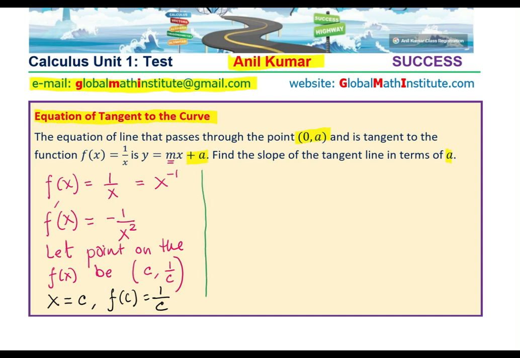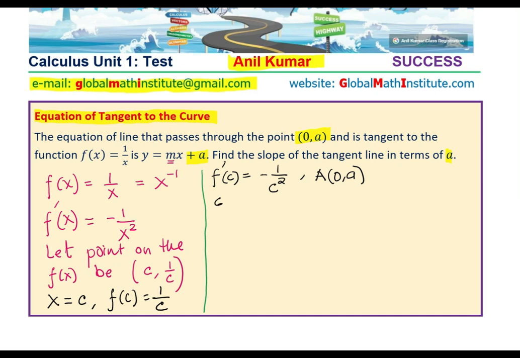We know the slope. So let's find the slope of the function at the point c. Of course, the slope of the function at the point c is going to be minus 1 over c squared. Now that is the slope, and we know that the y-intercept, let's call this point a, is 0, a. So a tangent line is going through the point x equals c and y-intercept 0, a.